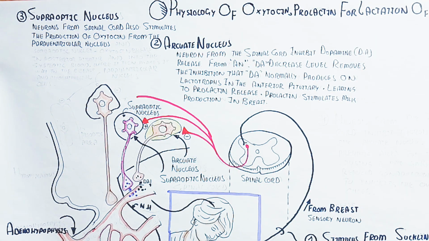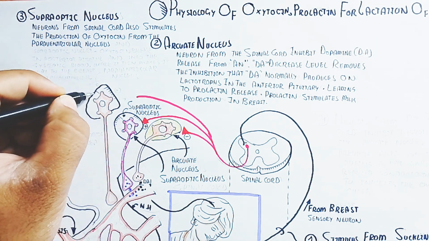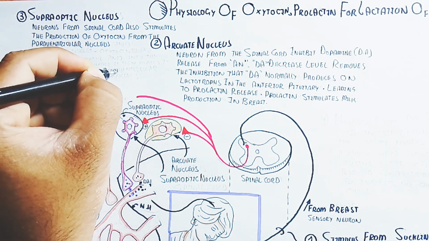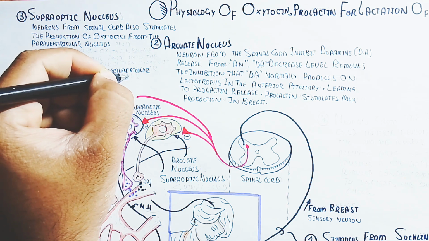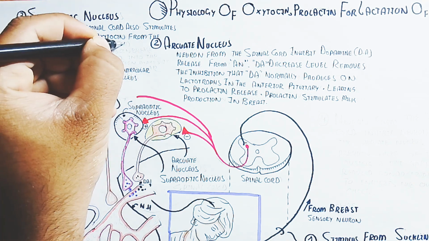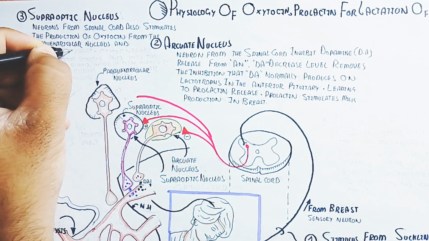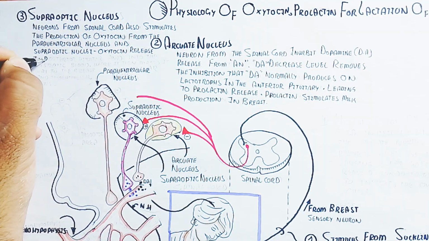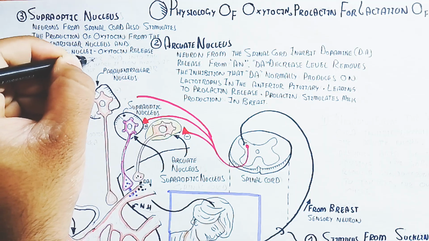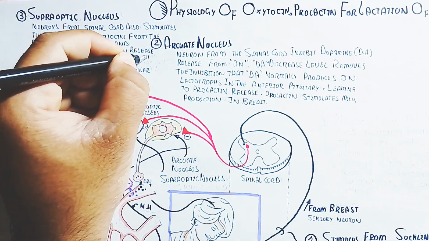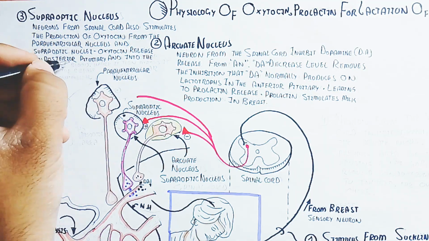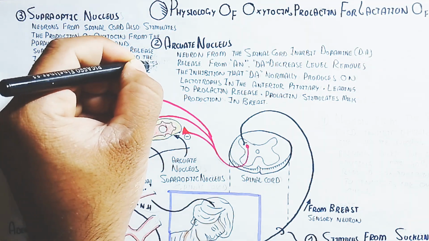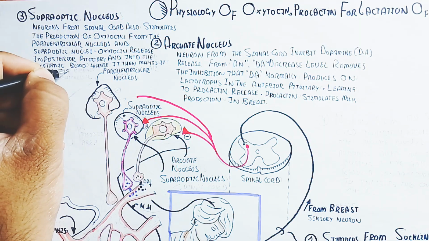Here is the supraoptic area, and here is the paraventricular nucleus. The paraventricular nucleus and supraoptic nuclei release oxytocin in the posterior pituitary and into the systemic blood, where it then makes its way to the breast and myoepithelial cells to relax them to produce more milk.